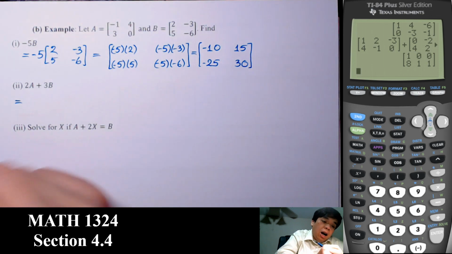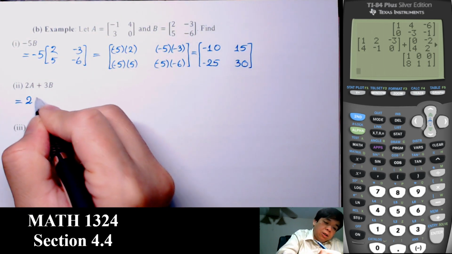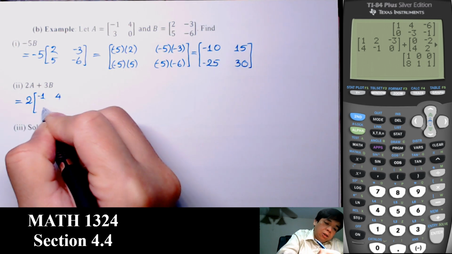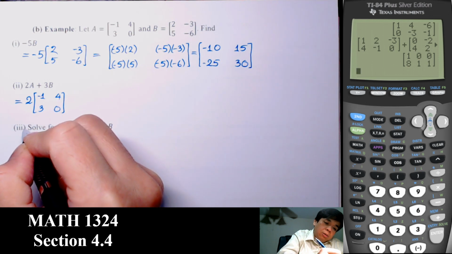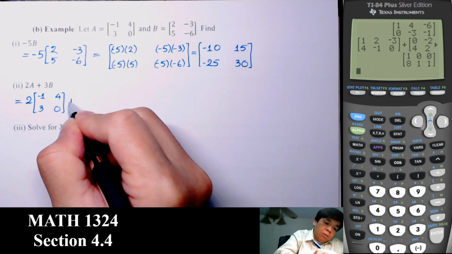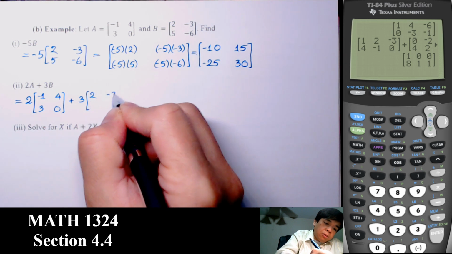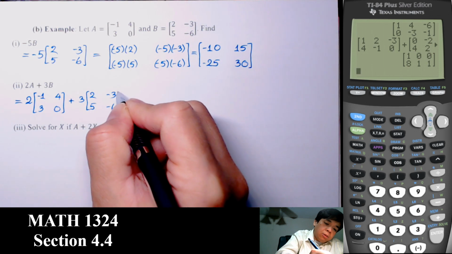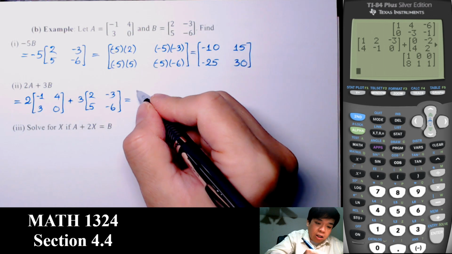Next, 2 times this matrix plus 3 times that matrix. So multiply the 2 inside.